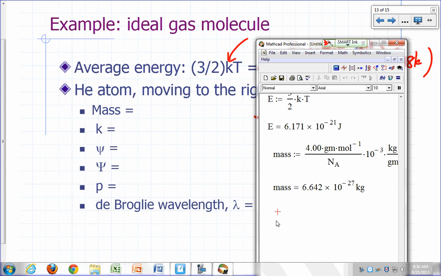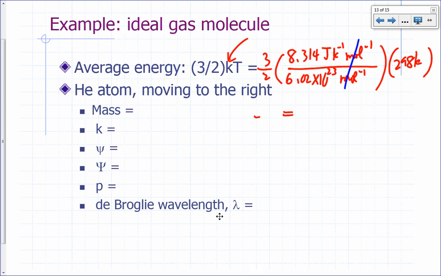What's our K? Square root of 2 times the mass times the energy divided by h bar. How did I figure that one? What did we say energy was? Energy is h bar K squared over 2m, right?